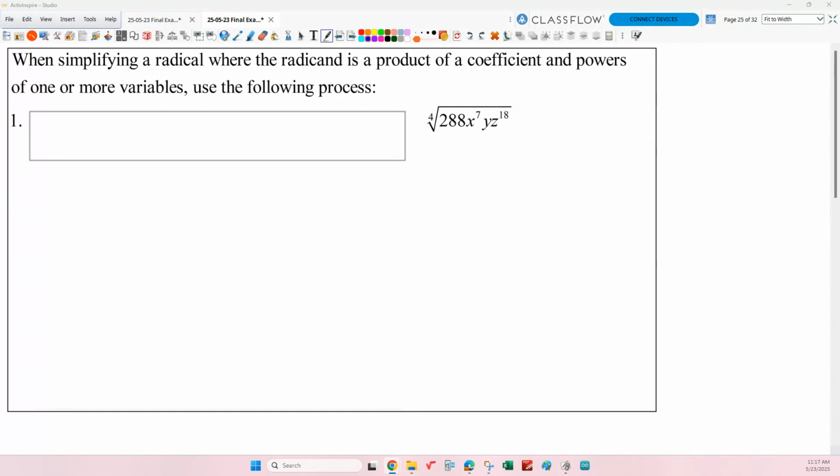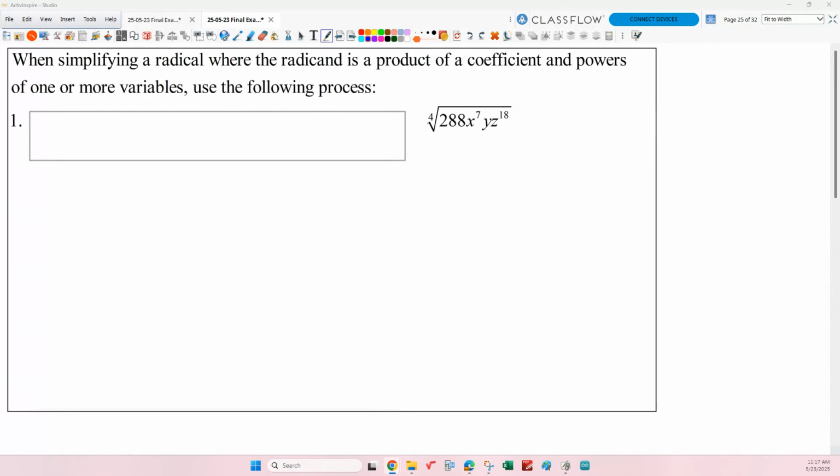So what do you remember about simplifying radicals? When there's a number and variables on the inside. Okay, so the power of the radical determines how many you need before it can come out.